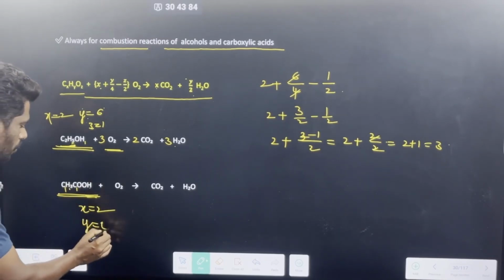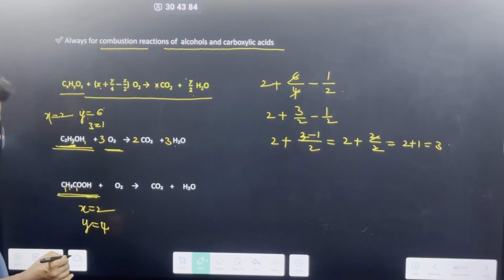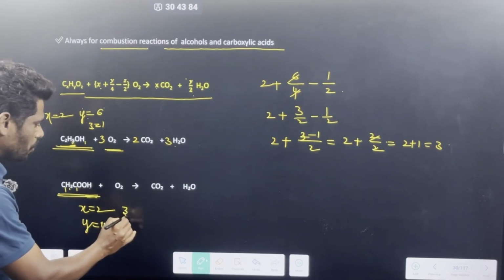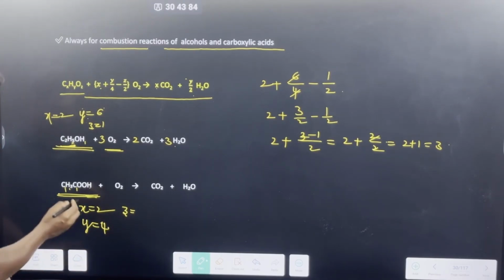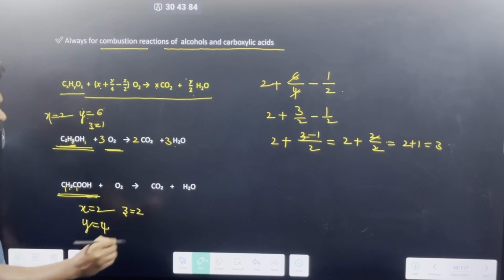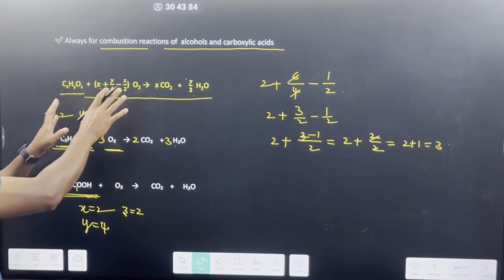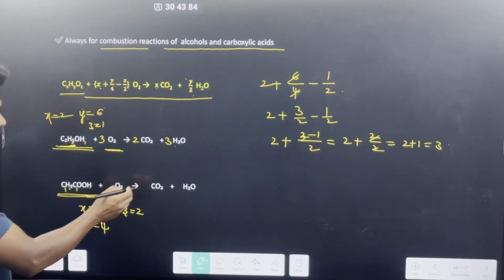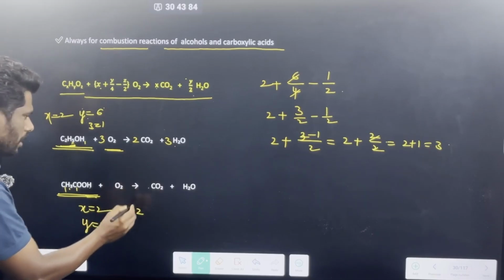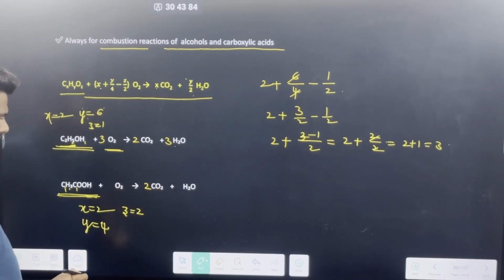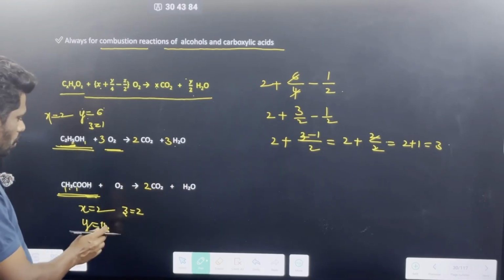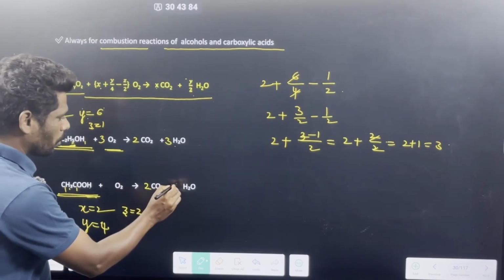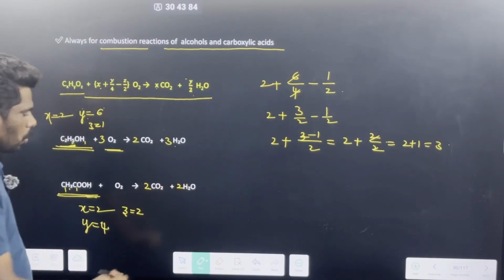So the number of hydrogen atoms is 4. Z value is the number of oxygen atoms. 2 oxygen atoms are here. As per the formula, directly you can plug the X value here, that is 2, and Y by 2 here. What is the Y value? 4. So 4 by 2 will give you the 2.